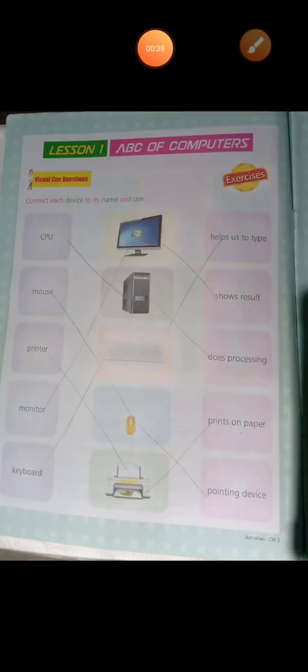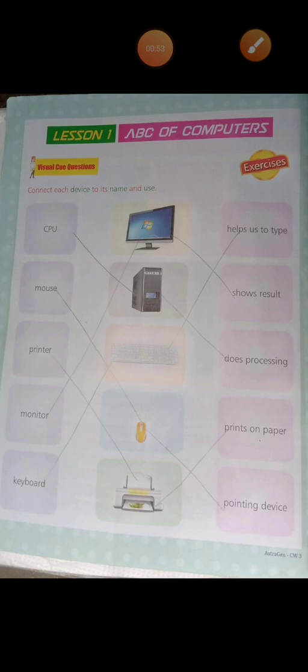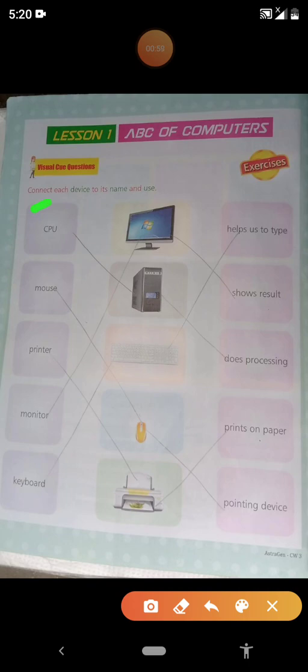So this is, take page number 4, visual cue question. This is the first exercise. Connect each device to its name and use. So you have to see the picture, you have to connect to the name as well as its use. For example, see the first one is CPU.